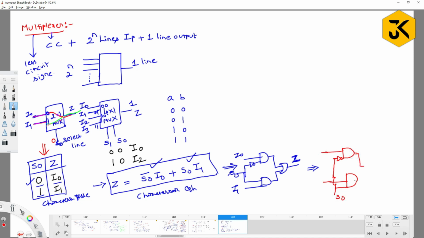Finally, I combine these two and you will get it like this. So I have written the same structure. Is it okay? Is there any problem? No. Now if you observe, this is I0 and I1, S0, and I am getting Z as output.